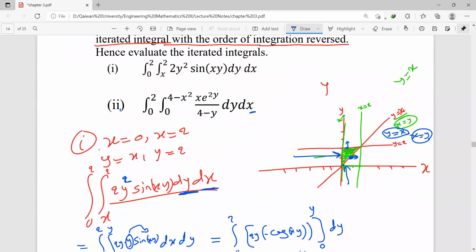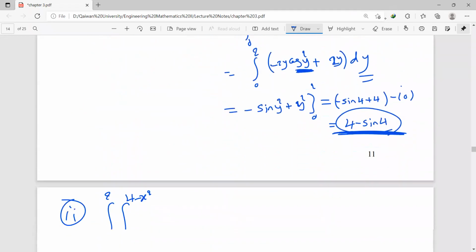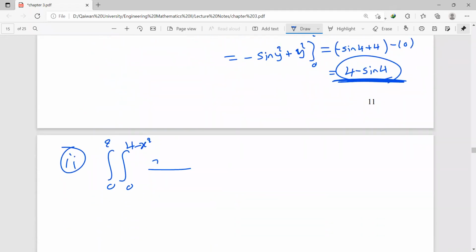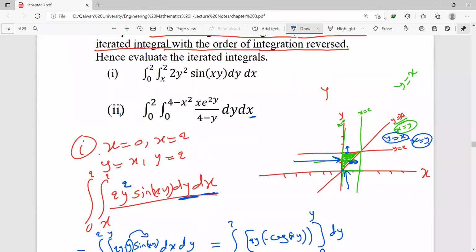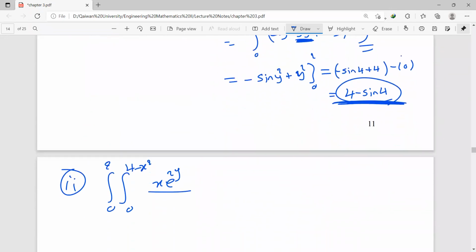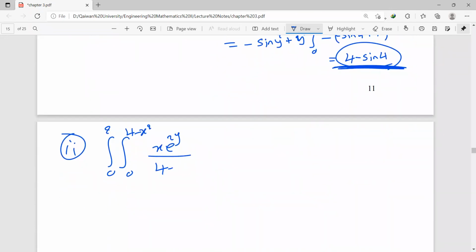These are the limits of the integration, and the function is x e to the power 2y divided by 4 minus y, dy dx. Okay.